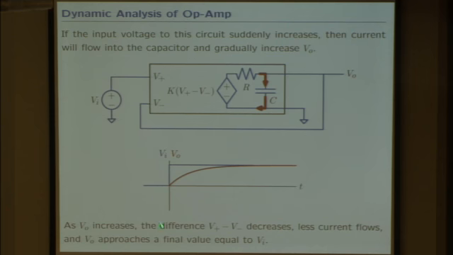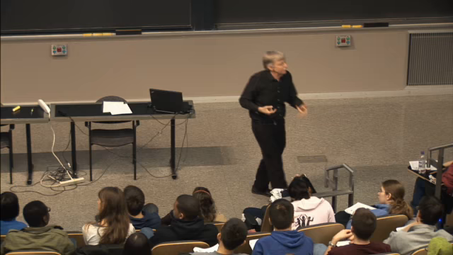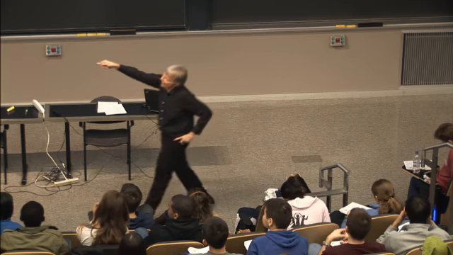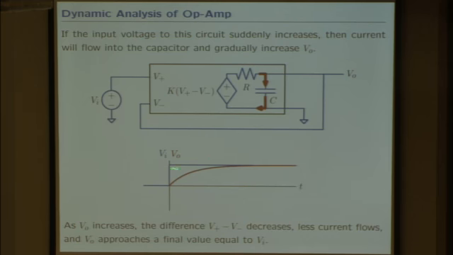And now, all of a sudden, the input voltage steps up. The voltage source suddenly generates a huge positive voltage. And that starts to put current into the capacitor that represents the voltage at the output of the op-amp. So as a result of this voltage being higher than where it was, current is being dumped by the op-amp into this capacitor, and the output voltage starts to increase. That's shown in red.